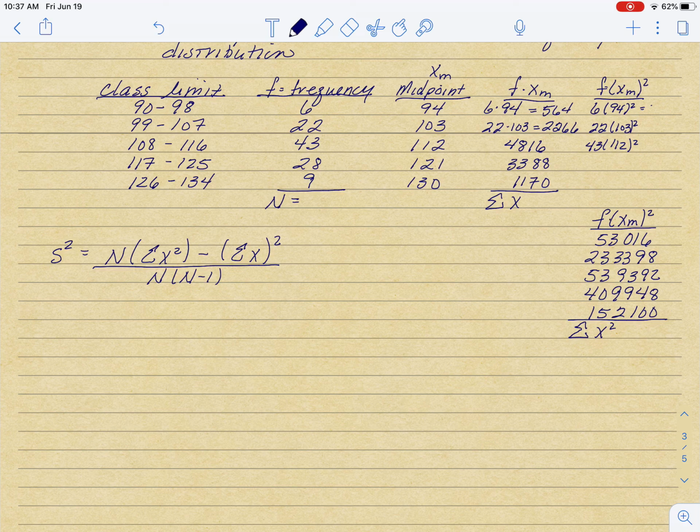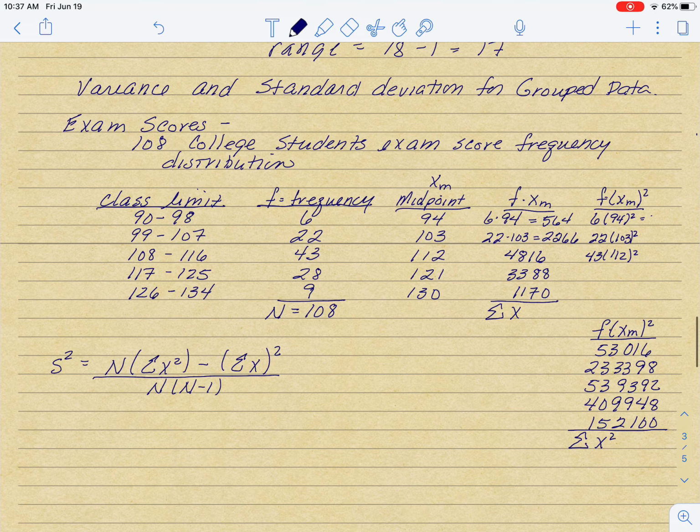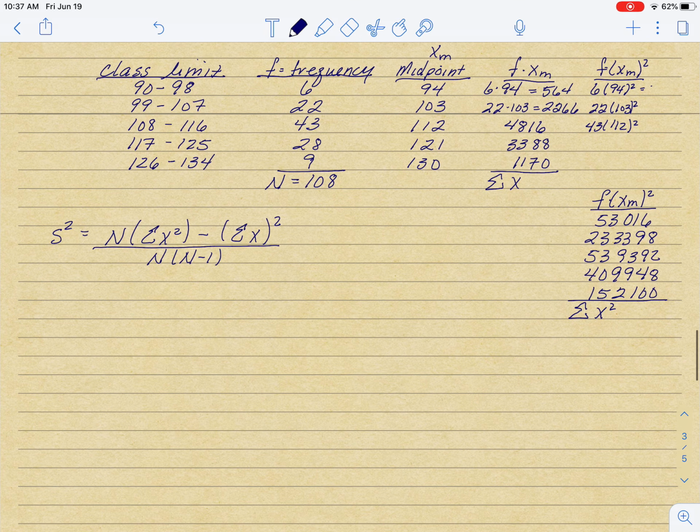So if we look at the frequency and we add them, I get 108, and that should be it. Remember, they actually told us that they did 108 college students, so that's correct.